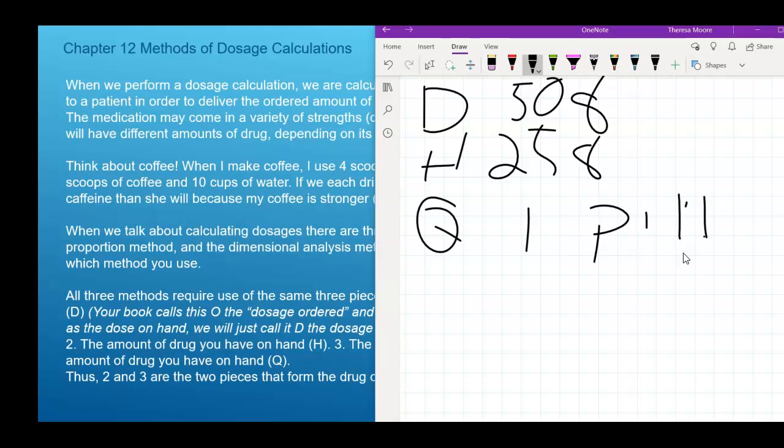And with pills, your volume is always 1. Q is always 1 with a pill, because pills are all going to be a specific number of grams per pill. Liquids, on the other hand, you have to be careful. You have to identify exactly how much drug is in exactly how much volume of liquid.